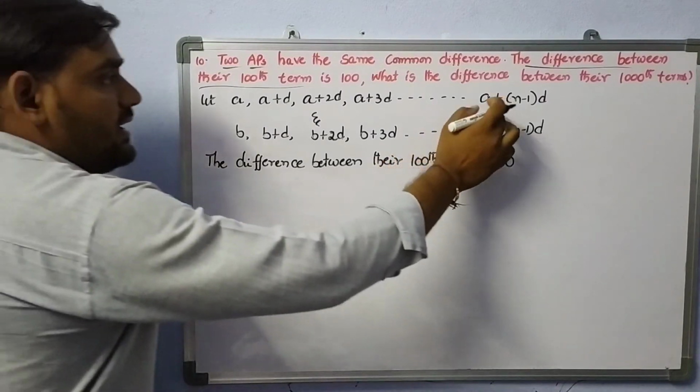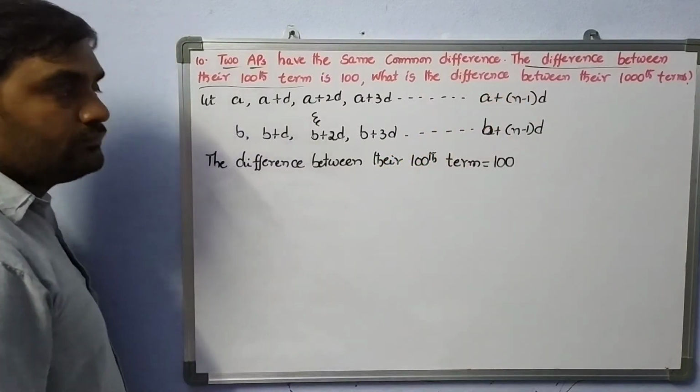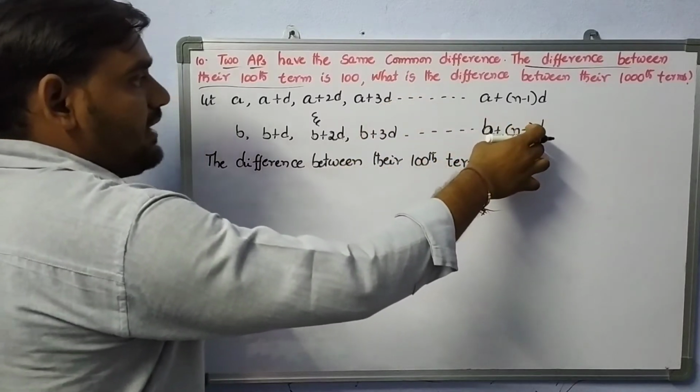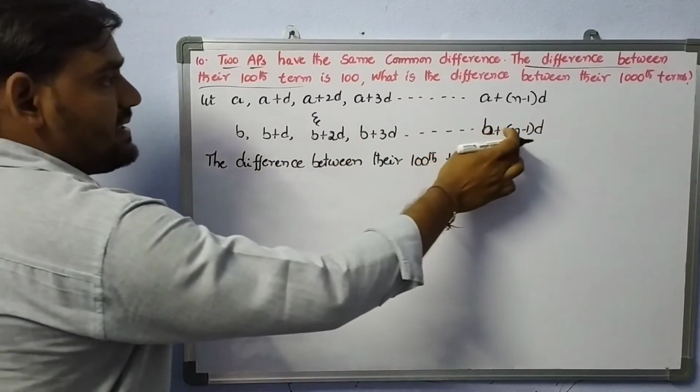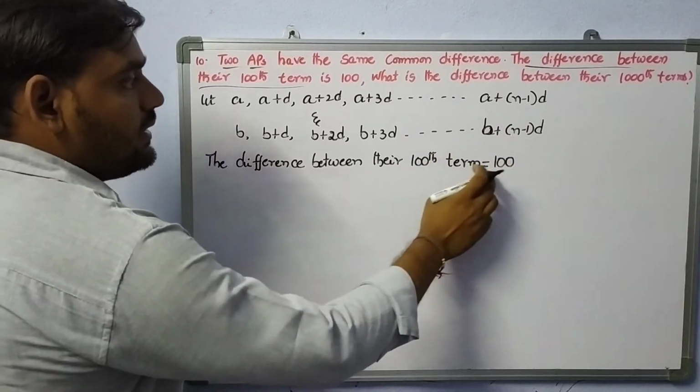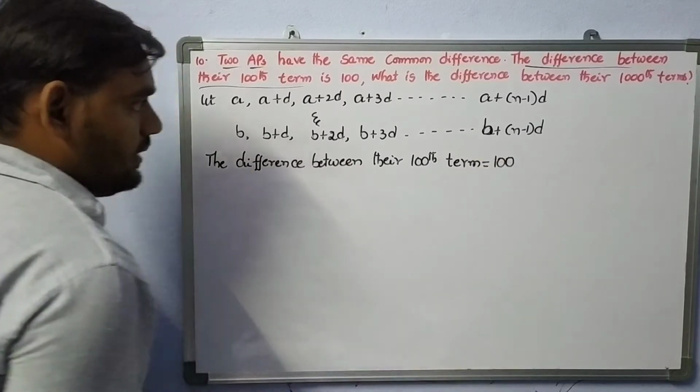The nth term is a plus (n minus 1) into d in the first arithmetic progression. In the second arithmetic progression, the nth term is b plus (n minus 1) into d.